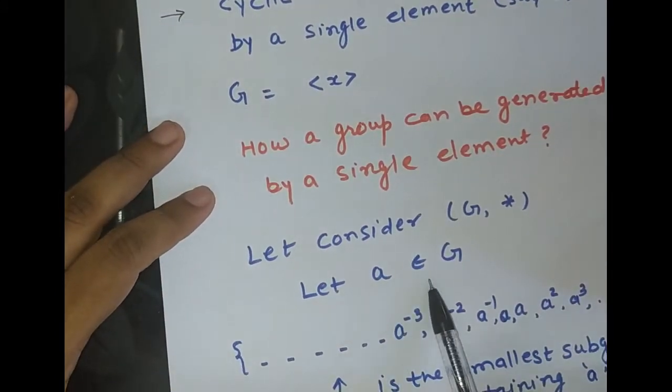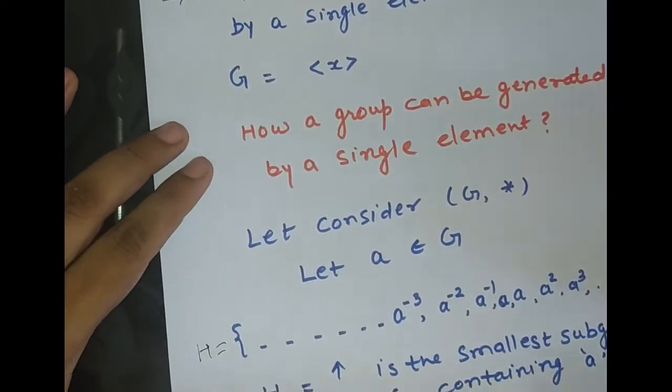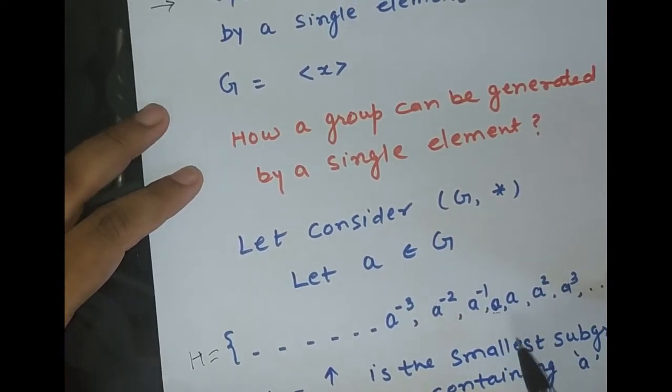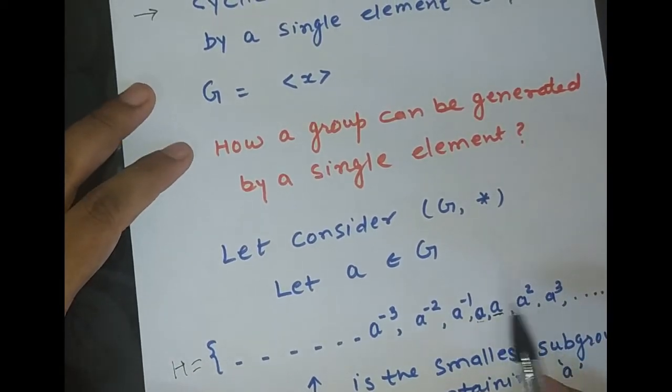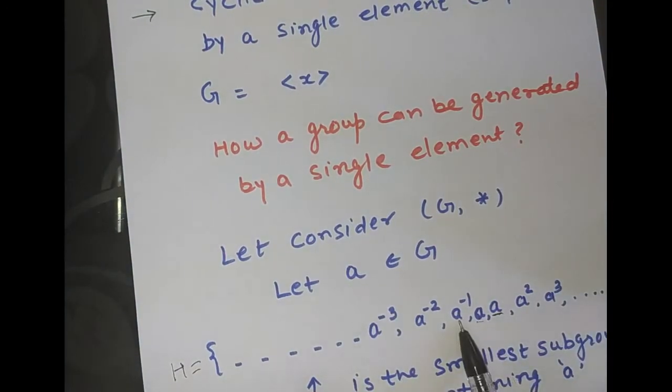Let A be any element of this G. So consider this H, which is equal to this element A. If A exists, it means the inverse of A also exists.